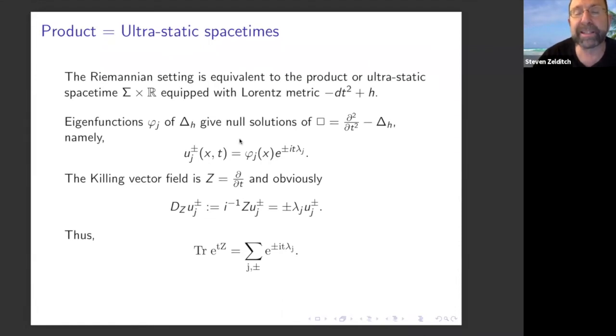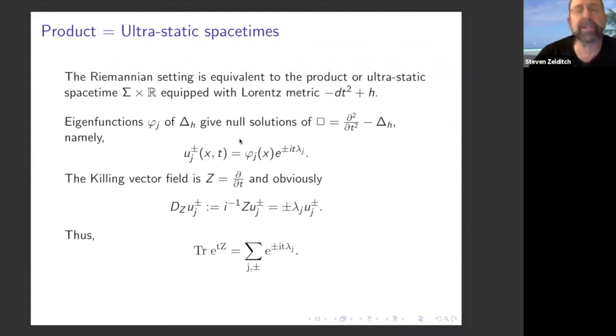So these are null solutions of the wave operator, which is d squared by dt squared minus the Laplacian. So here's the obvious observation: the frequency lambda_j, the eigenvalue of the square root of the Laplacian on phi_j, is the same as the eigenvalue of 1 over i d by dt on the null solution u_j.